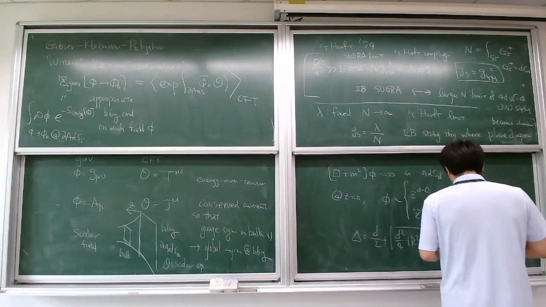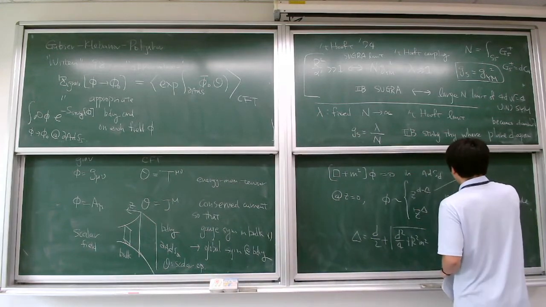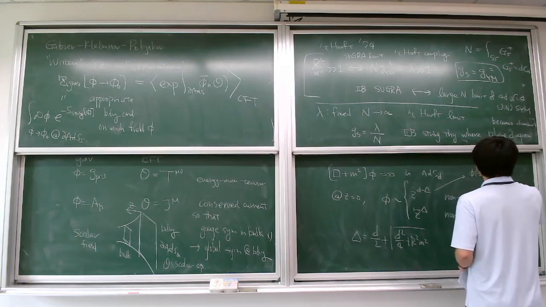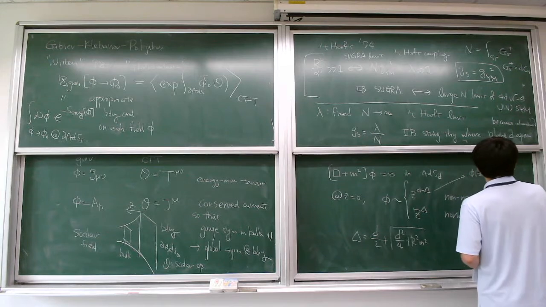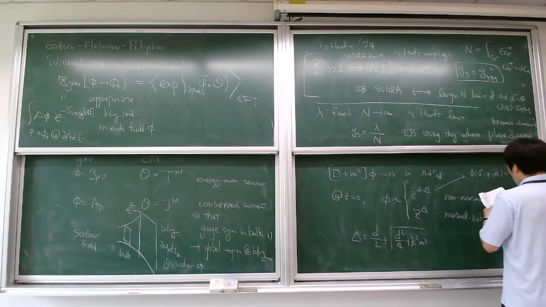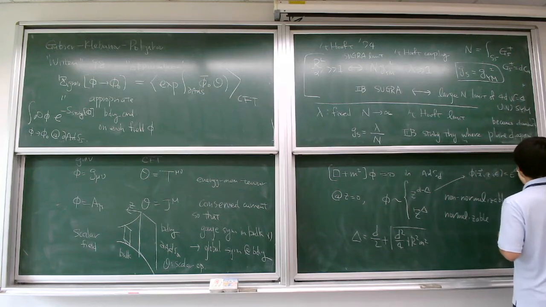Consider phi of x and epsilon, where epsilon is very small, z equals epsilon, which is epsilon to the d minus delta times phi.